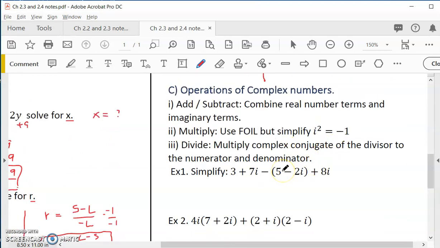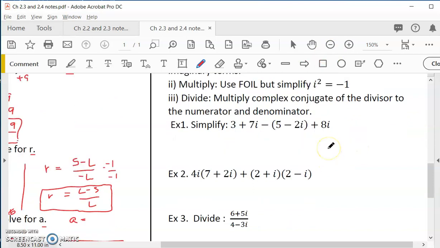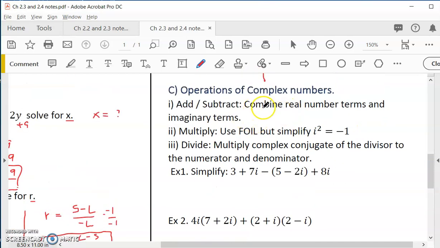Part C is how do I do operations on complex numbers? I invented some new numbers. For numbers, we want to add, subtract, multiply, divide, right? How do I add and subtract them? For add and subtract, the idea is to combine real number terms and then imaginary terms.